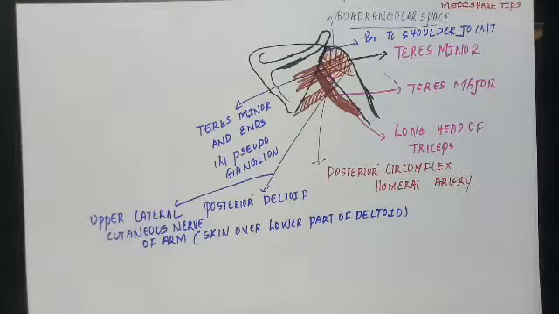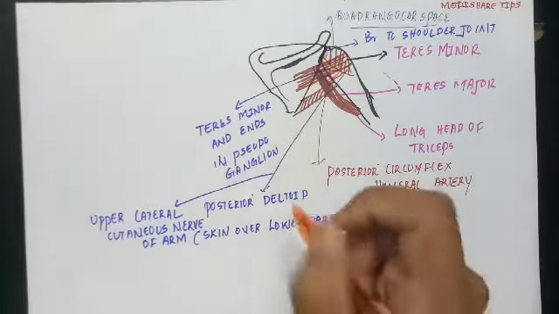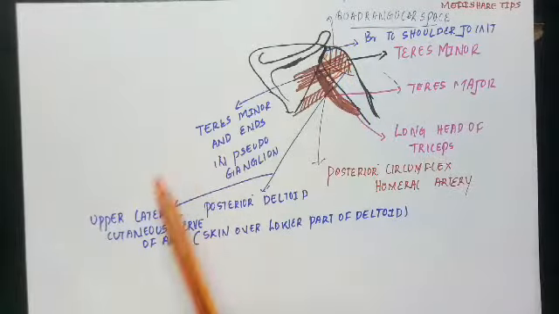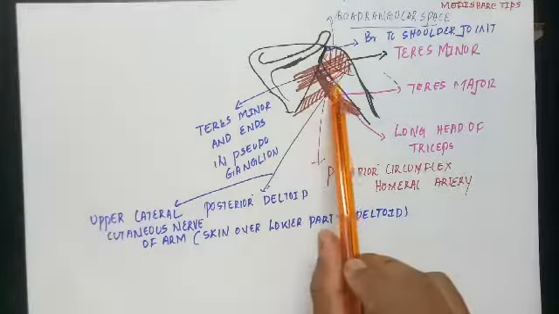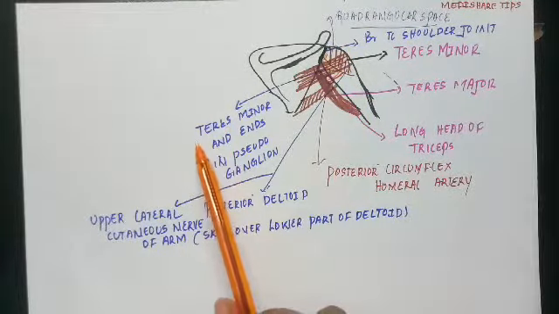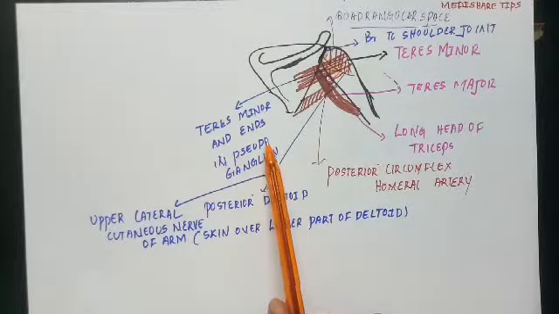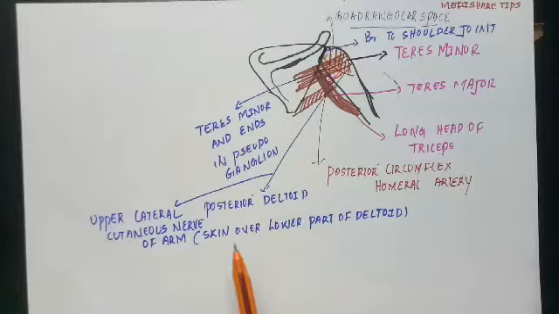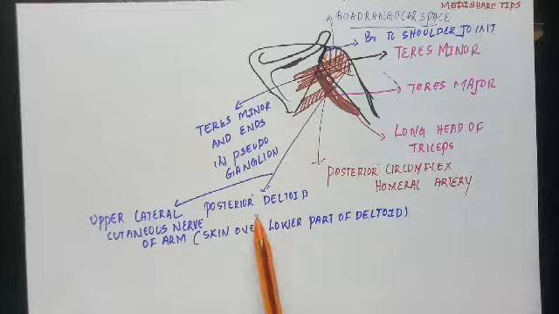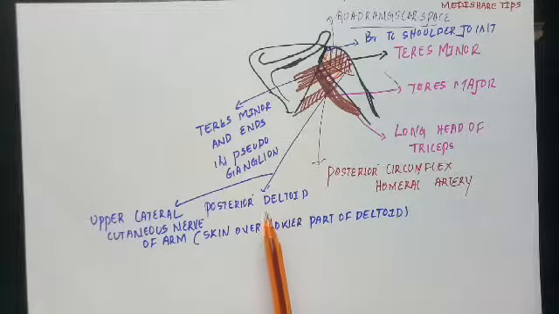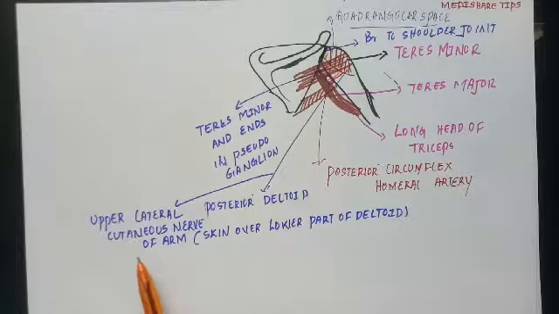This is the supply of the posterior division of the axillary nerve. The posterior branch supplies the teres minor muscle and ends in the pseudoganglion. It also supplies the posterior fibers of the deltoid, and it ends as a sensory branch known as the upper lateral cutaneous nerve of the arm, which supplies the skin over the lower part of the deltoid.